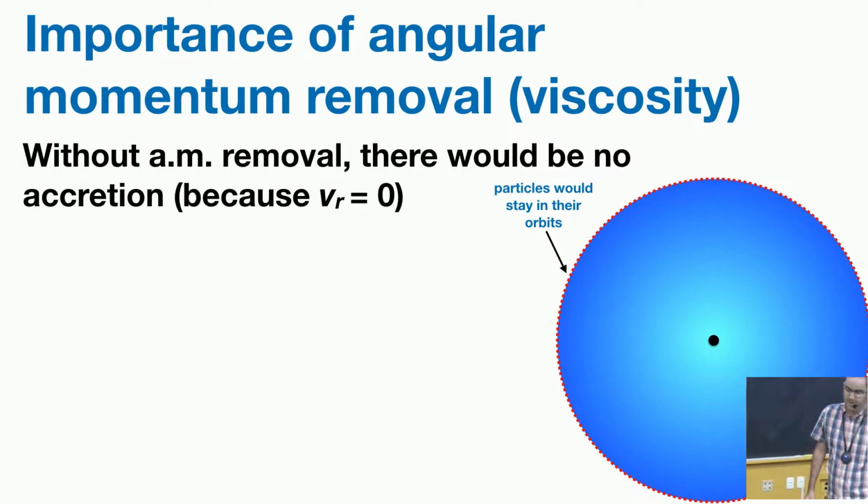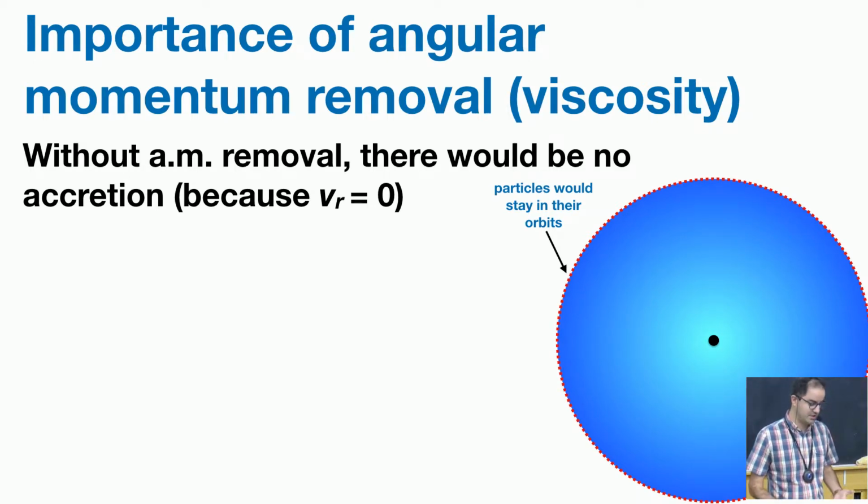I would like to stress the important point that angular momentum removal is absolutely crucial to understand accretion onto black holes. The effective viscosity of these disks is a very important thing that we need to be able to model in some way, okay.